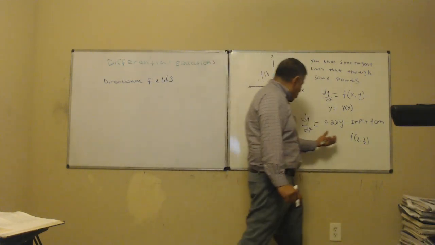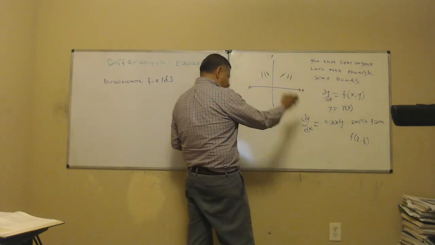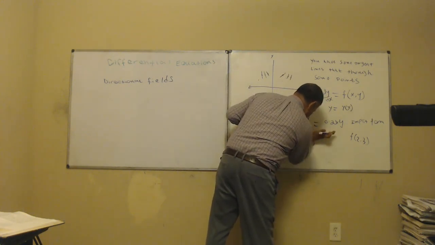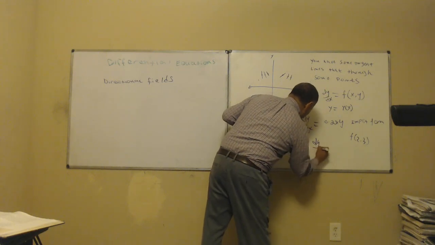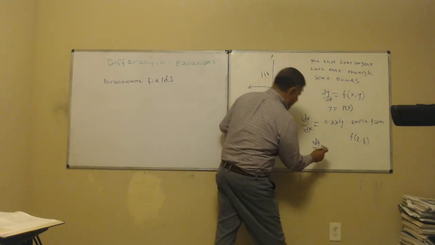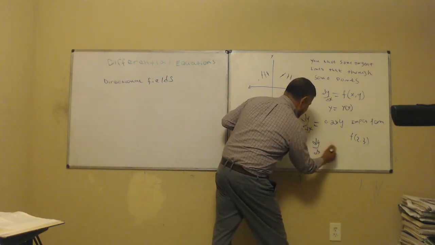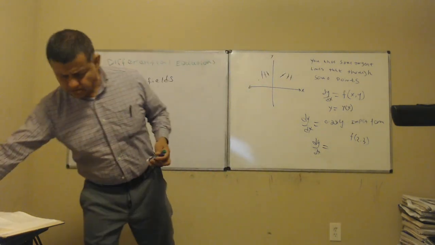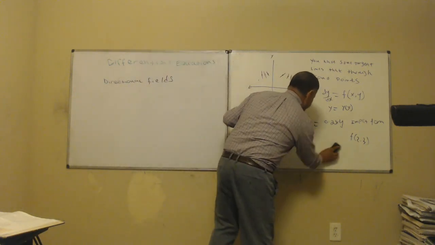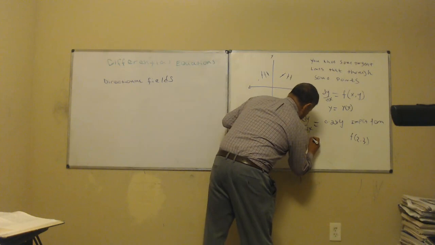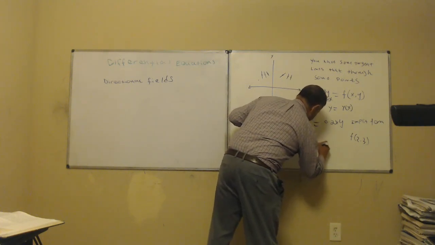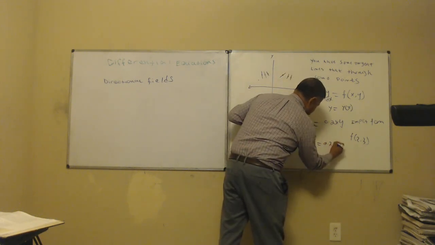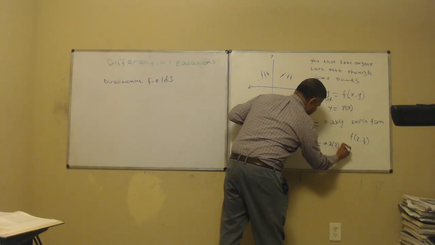Now if we come over here and evaluate the slope at that point, dy over dx is equal to this guy right here multiplied by those two, so 0.2 times 2 times 3.